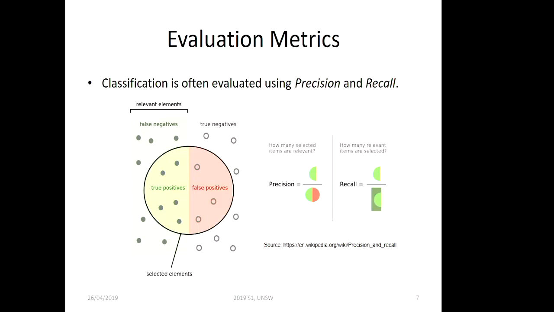There are many other ways of doing this evaluation. For example, if you study bioinformatics, they talk a lot about the ROC curve and other types of evaluations. But in typical machine learning or deep learning studies, most of the studies will focus on precision and recall.